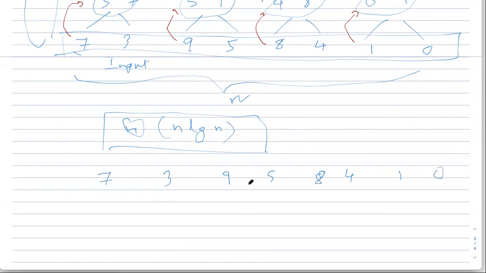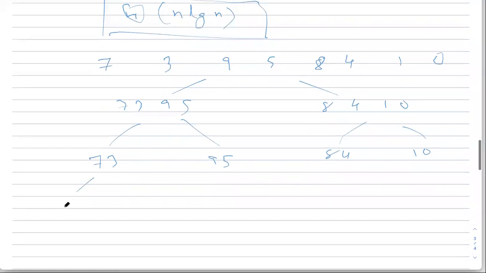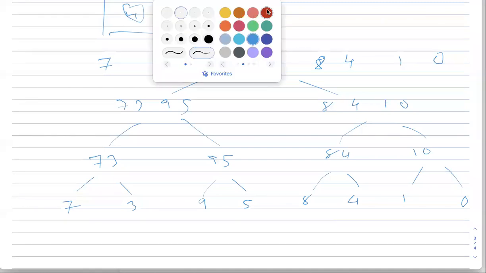If you want to see this in action, it would look like this. So first the split will happen like this: 7, 3, 9, 5, right? And 8, 4, 1, 0, correct? Then the split will happen further: 7, 3, 9, 5, 8, 4, 1, 0. Then 7 and 3, 9 and 5, 8 and 4, 1 and 0. This is how we generally show the recursion, right?